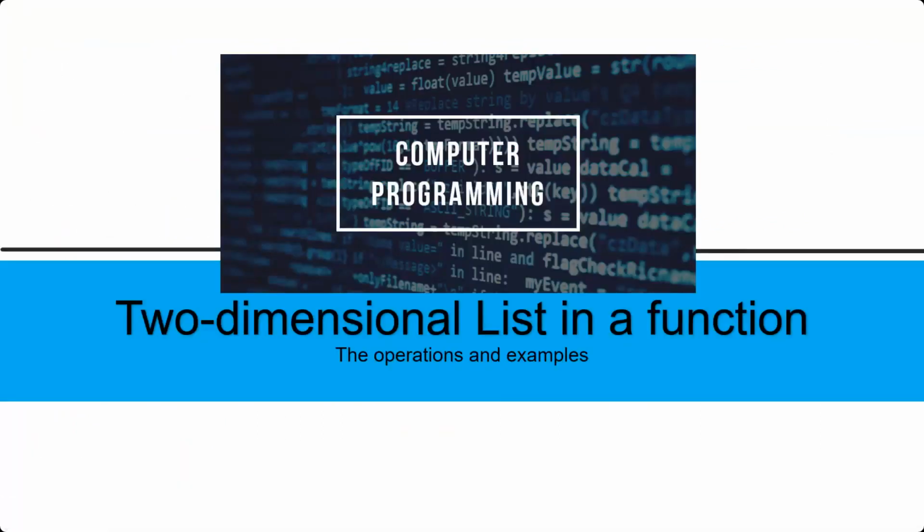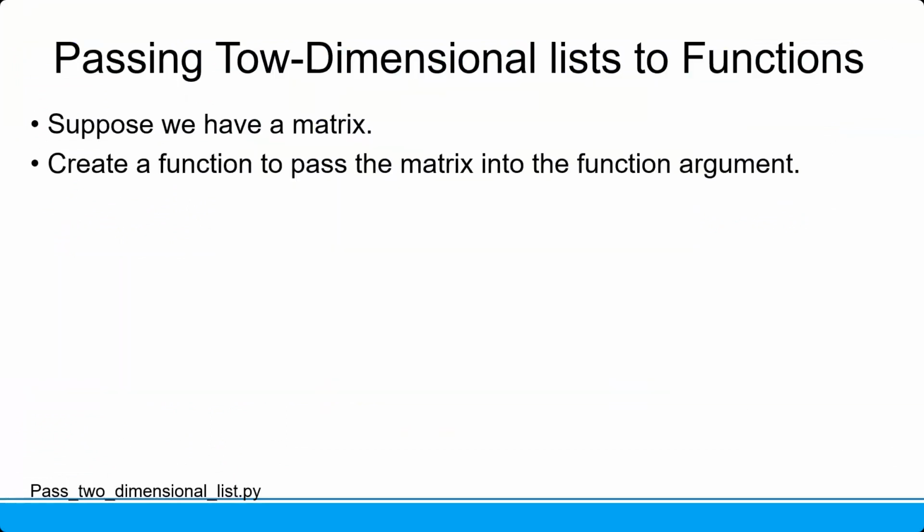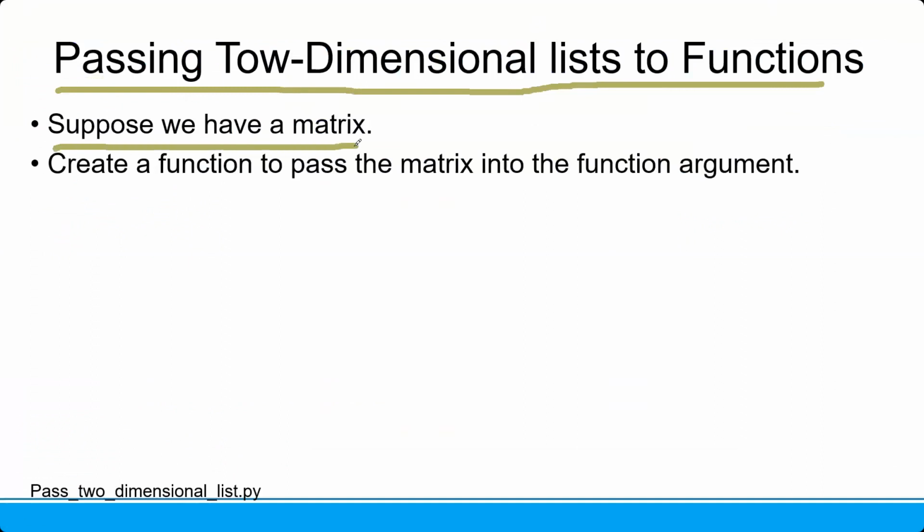In this two-dimensional list, we can also pass the list into a function. This example shows how to pass the two-dimensional list to a function. So suppose we have a matrix.